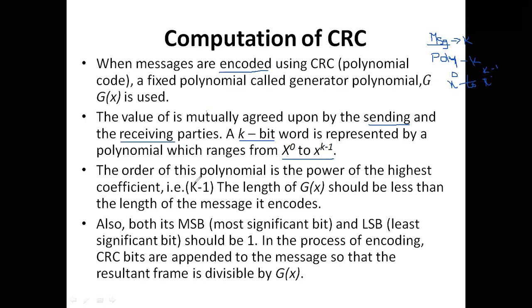The order of this polynomial is the power of the highest coefficient, that is k minus 1, then x power k minus 2, up to x power 0. The length of g of x should be less than the length of the message it encodes.